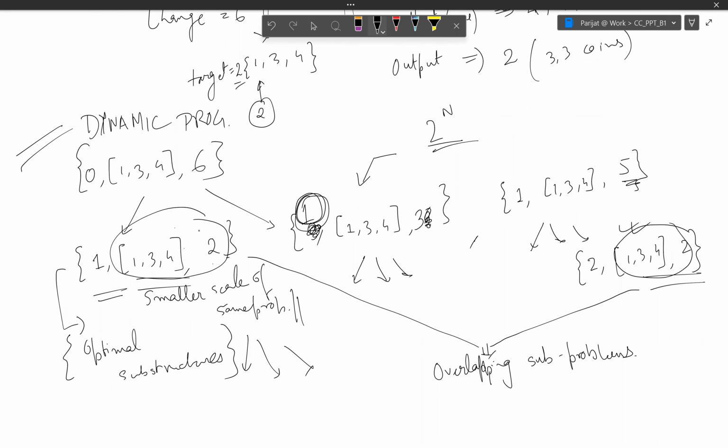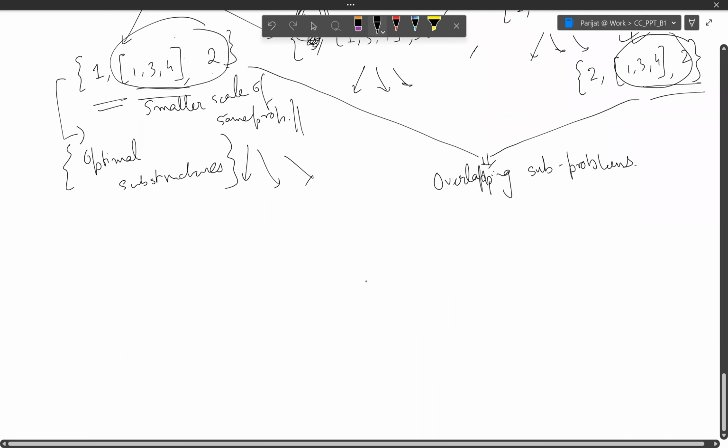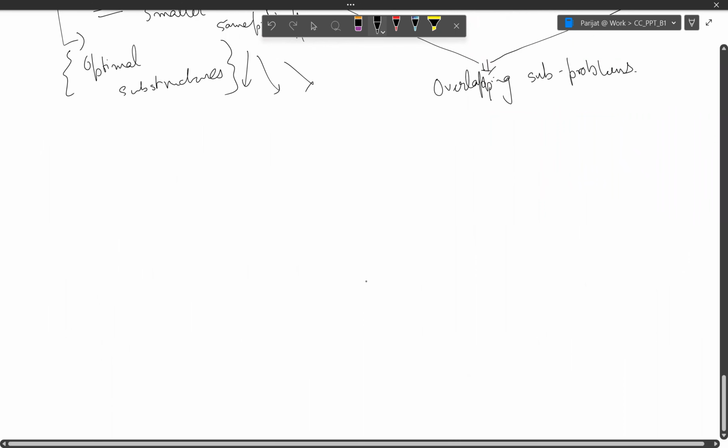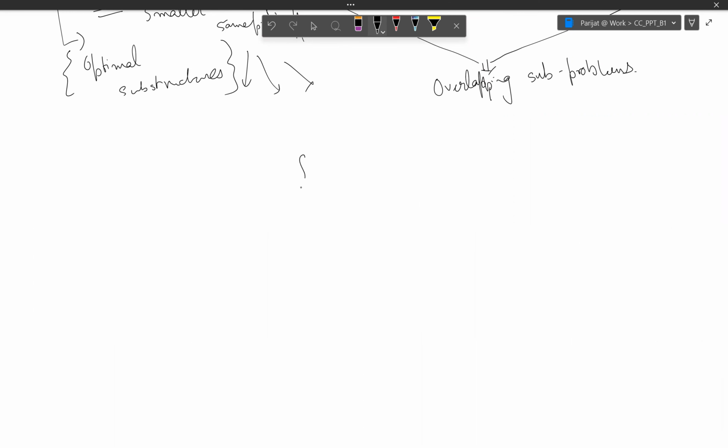Right? A simpler example would be, say you are trying to find the factorial of numbers. This is a very common example that we use. So say factorial of 6 is nothing but factorial of 4 and factorial of 5, right?